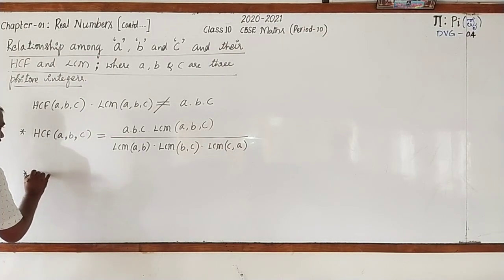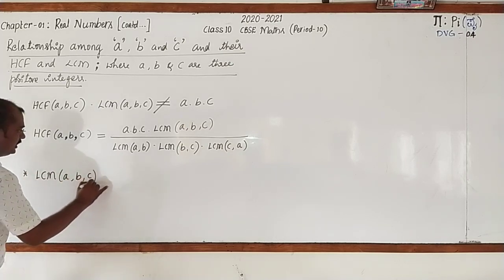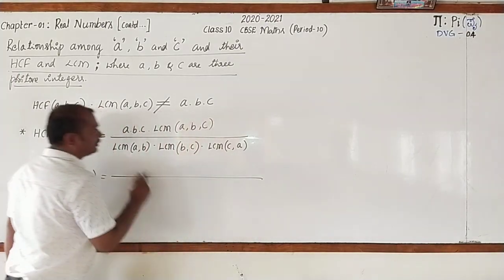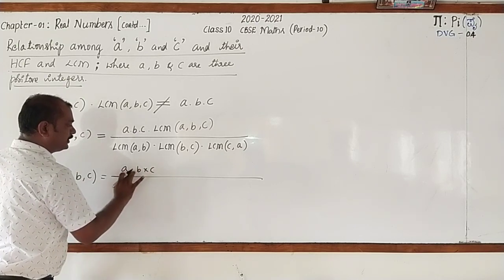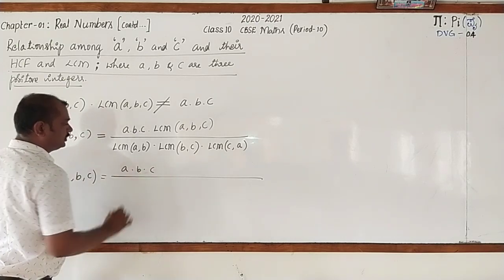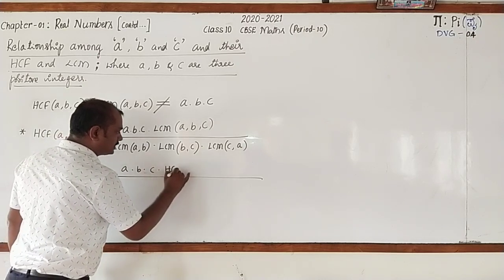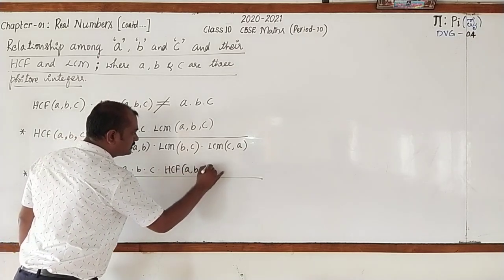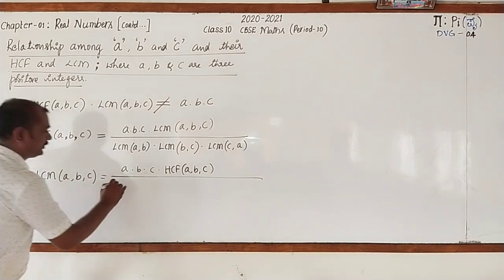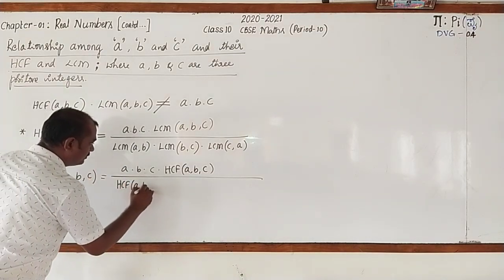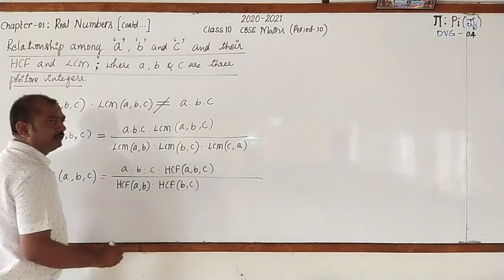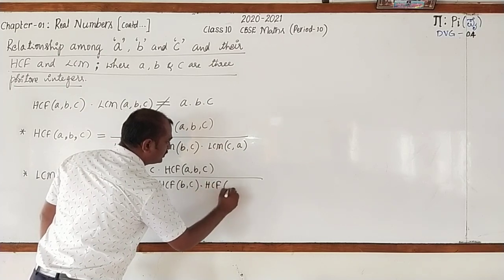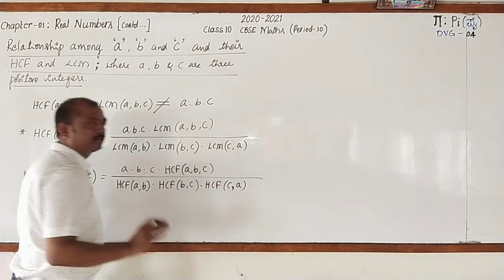Next, one more important relationship is there. This can also be written in terms of LCM: LCM of A, B, C is equal to the product of three numbers, A into B into C, into HCF of A, B, C, whole divided by HCF of A comma B into HCF of B comma C into HCF of C comma A. Clear?